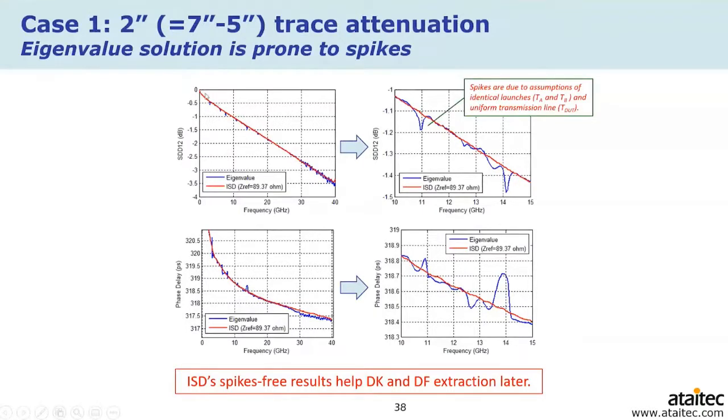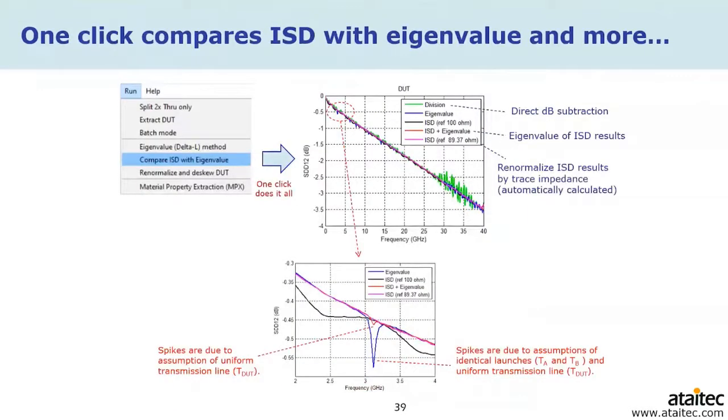We can see that the ISD results give you a very nice smooth curve in both magnitude and phase angle, or phase delay, you can say. And for the delta L or eigenvalue solution, you get a lot of spikes in both magnitude and phase delay. So in ISD, you can click just one button to compare ISD results with eigenvalue.